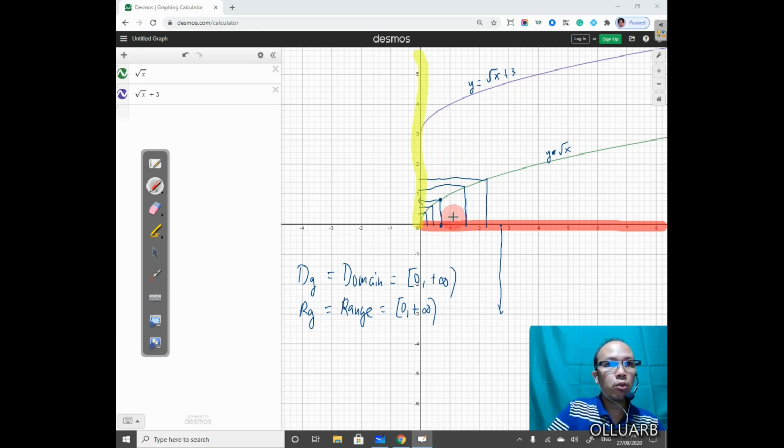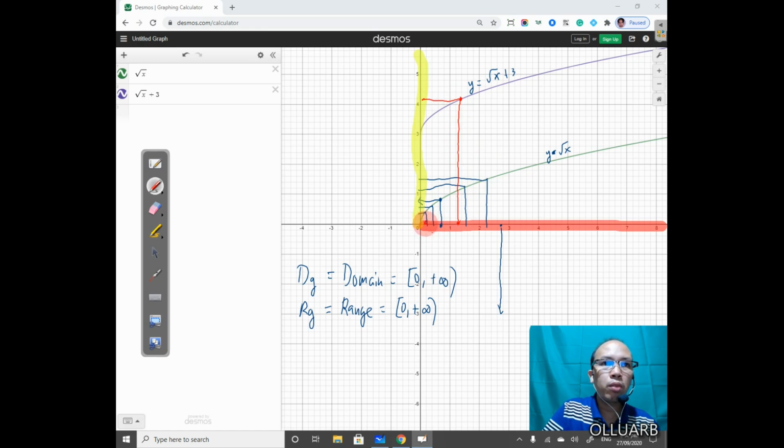So what happened here is the domain. If you try to project a value here, let's try another color, red. You have another point here, and if you project upward, there is actually a y value.